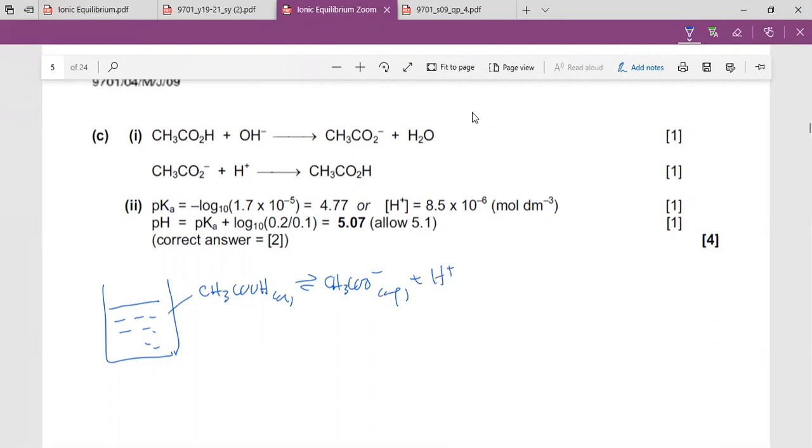Then, of course, your sodium ethanoate will fully dissociate in one direction to give CH3COO minus plus Na plus. I told you that if there are 1,000 here, what remains is 990 here, so there are 10 here and 10 here. This is at equilibrium.